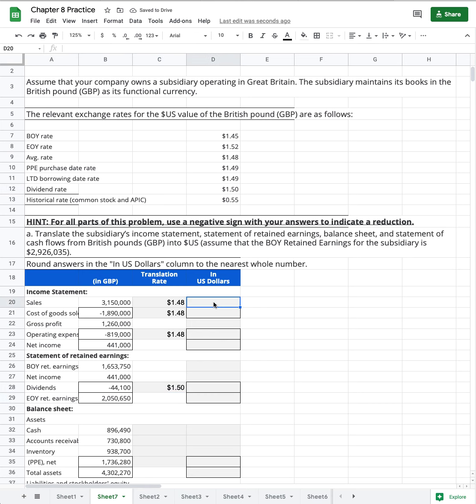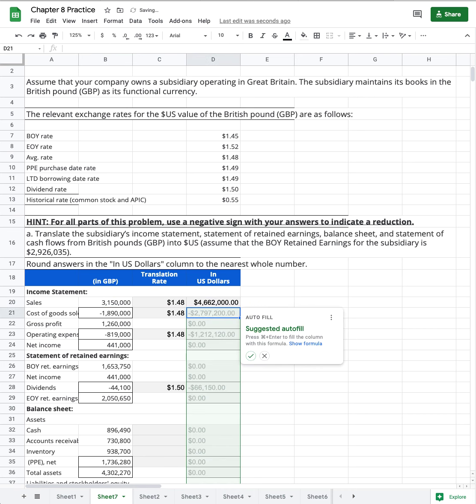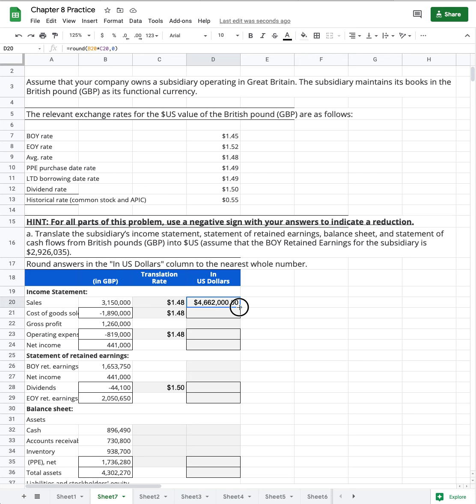I'll just do these ones really quickly. So we'll use the round function, sales times the translation rate, and we want no decimals. And so I guess we could have copied that down.